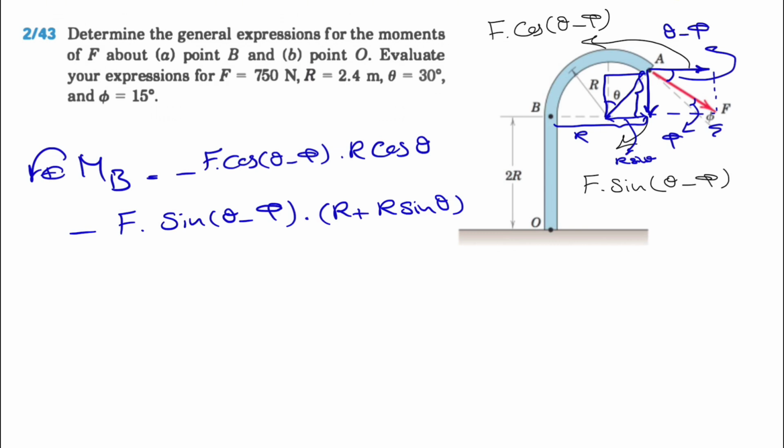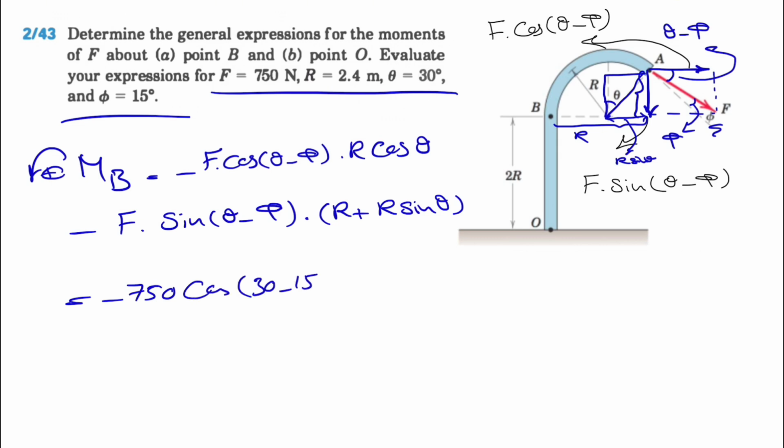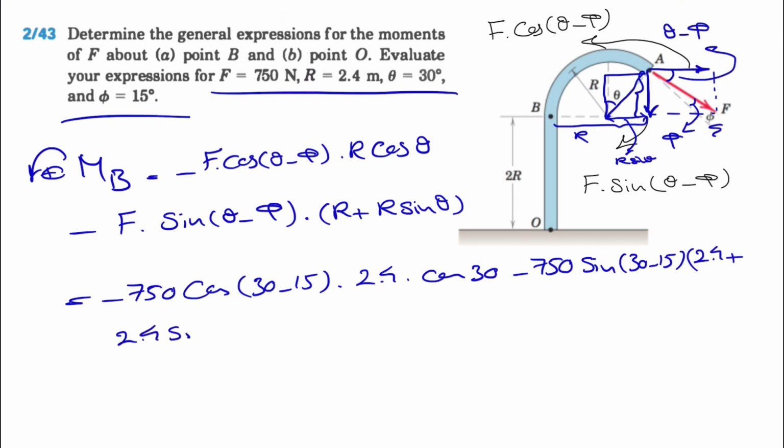If we put the values that we have for F, r, theta, and phi, we get minus 750 times cosine of 30 minus 15 times r, which is 2.4, times cosine of theta, which was 30 degrees, minus 750 sine of, again, 30 minus 15 times 2.4 plus 2.4 sine of theta, which was 30 degrees.